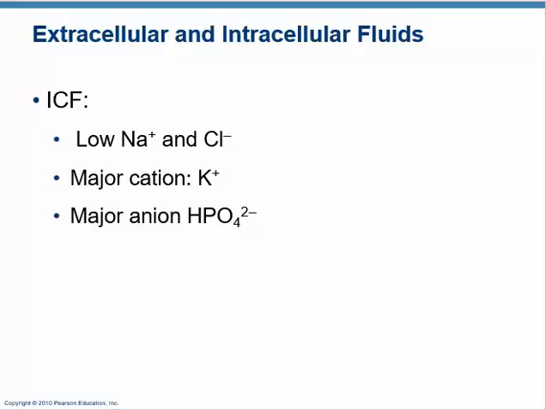So HPO4 phosphate ions are the major anion inside the cell. The major cation is potassium. When you think about it, the sodium-potassium pump pumps the potassium in and the sodium out. Therefore, you end up with all this potassium in.